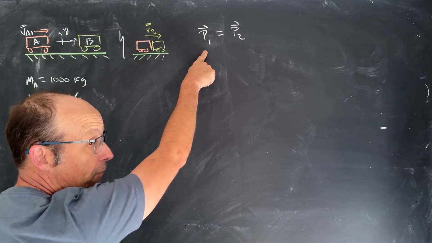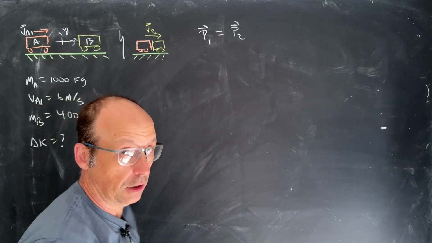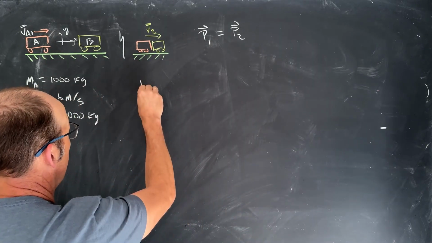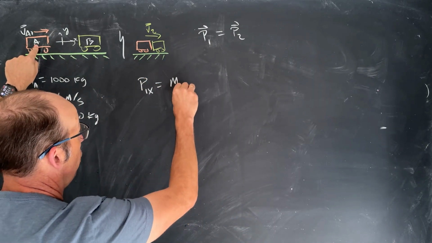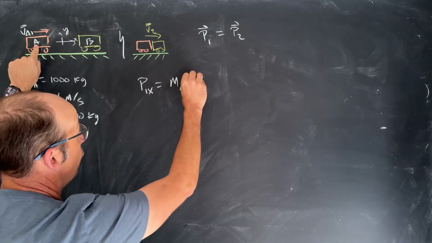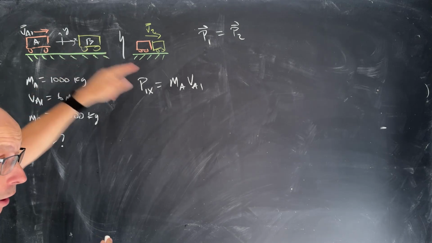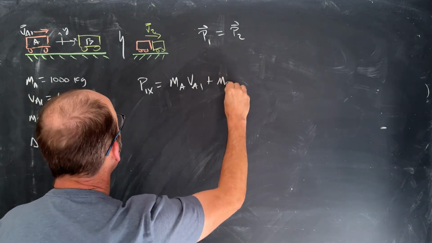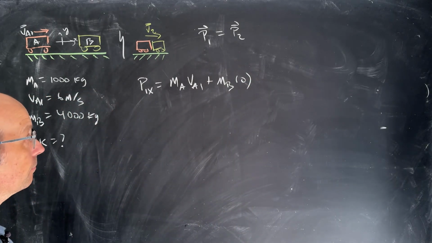So let's look at the initial momentum. Momentum is a vector, but everything's just moving in the X direction, so I'm just going to write X momentums. My initial X momentum, P1X, is going to be the mass of car A times its initial velocity in the X direction, which is just VA1. It's moving in the X direction, so I'm not going to put a subscript there. Plus mass B times its velocity, which is 0 in the X direction.